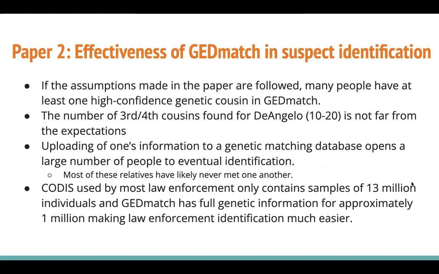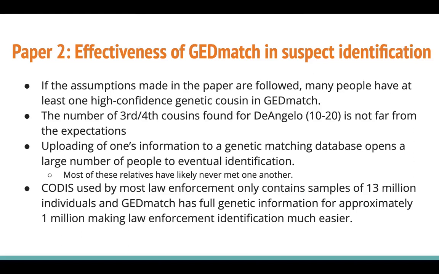In terms of the effectiveness of GEDmatch in suspect identification, in this case, it did prove to be effective, and if the assumptions in the paper are followed, it is likely that many people will have at least one high confidence genetic cousin in GEDmatch, but since they might not be a genetic cousin, it could be difficult to identify them.